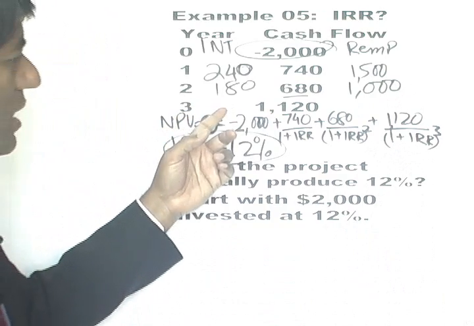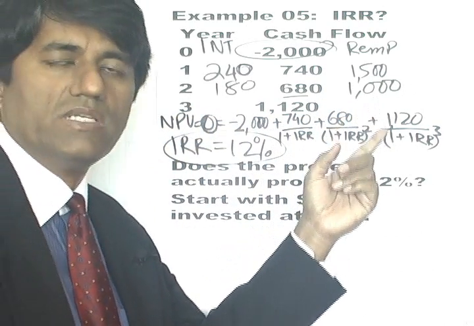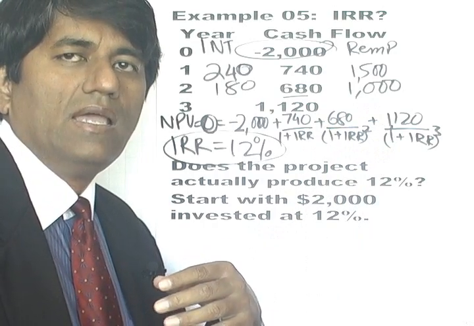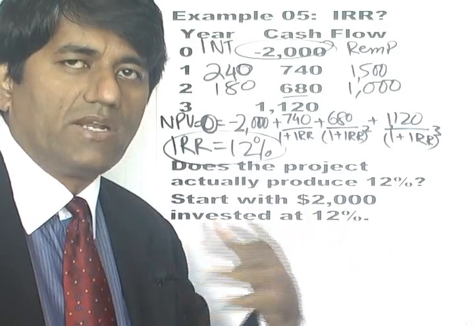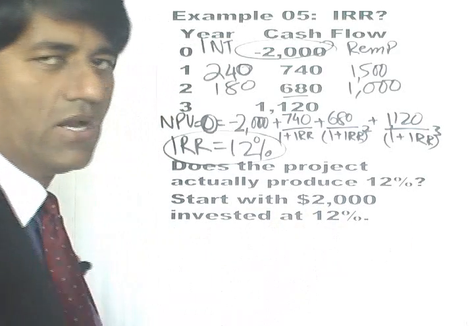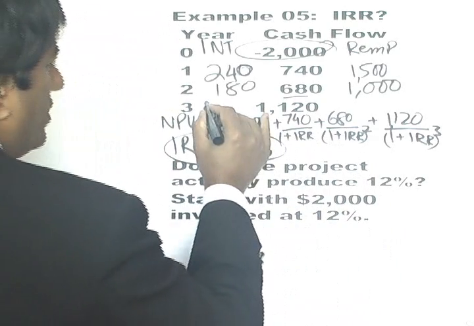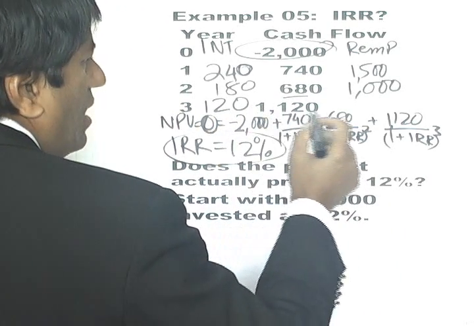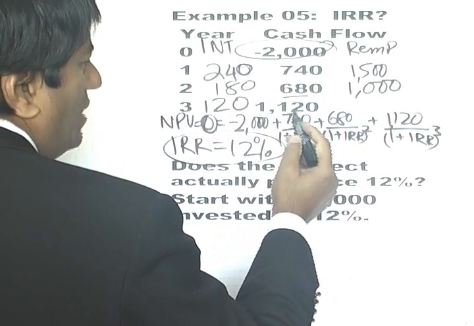Finally, when you come to the third year, you have this remaining principal of 1,000, and you pay interest at 12%. That's the required rate of return, and that's the rate of return that I'm claiming these cash flows produce. So that will be 120, and your payment was actually 1,120.